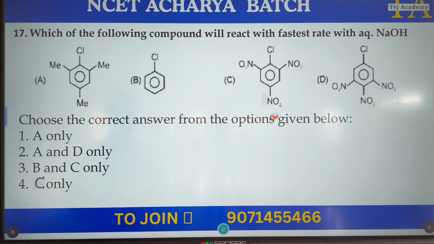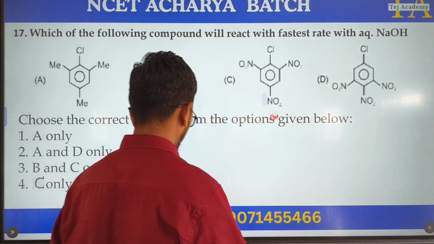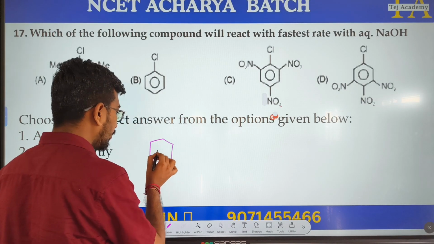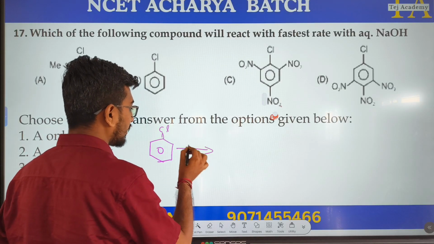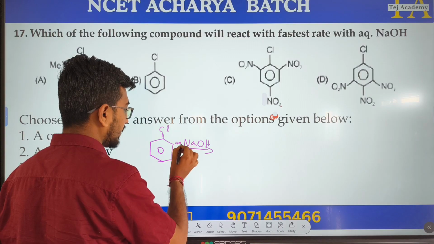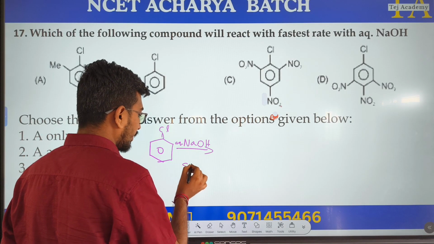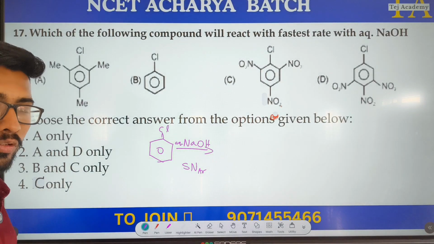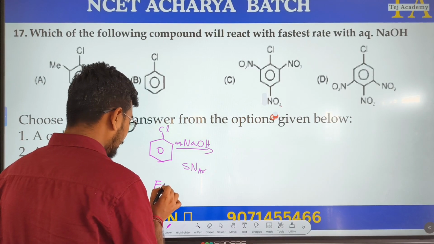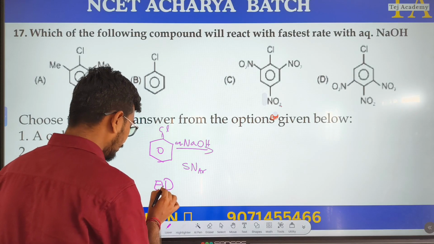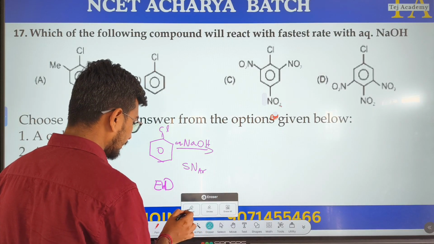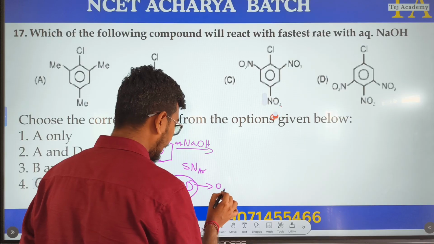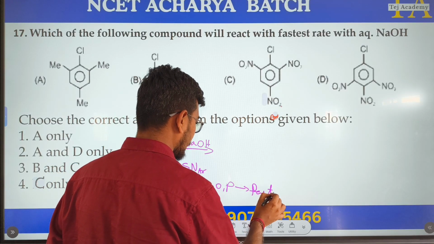17th question: which of the following compounds will react with the fastest rate with aqueous NaOH? Now we know that any benzene compound attached with chlorine, undergoing reaction in the presence of aqueous NaOH, comes under nucleophilic substitution reaction for aromatic compounds. Usually this reaction is very slow, but if it is attached with electron withdrawing groups at ortho and para positions, then the reaction will proceed faster.